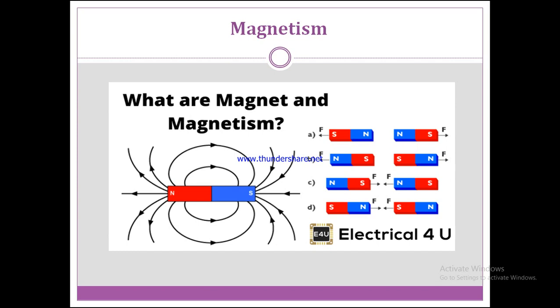In this situation, the repulsive type of force is introduced between these two magnets, and hence the force exerted on the magnets has opposite directions due to that magnetism. It not only happens with the north pole, but also with the S pole, and that situation is indicated in diagram B.